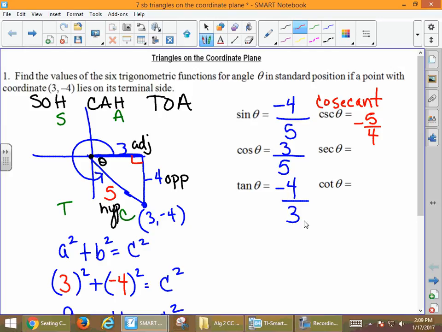The next function here, secant of theta, is the reciprocal of cosine. We know that cosine is 3/5, so the reciprocal for secant is going to be 5/3.